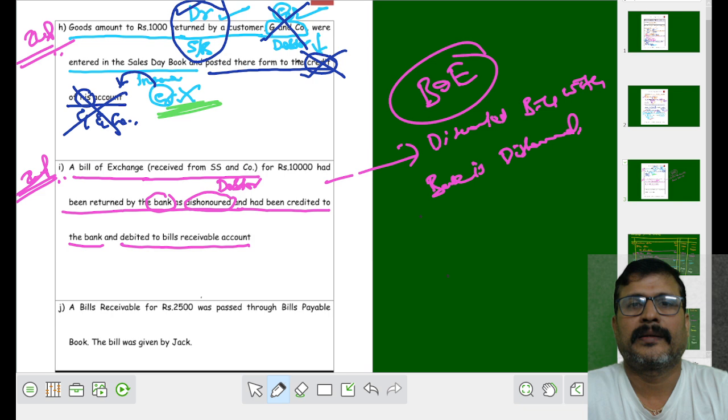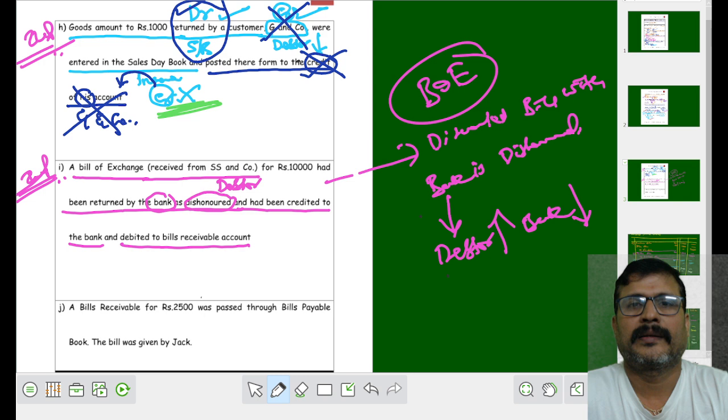Those who know very well about the bills of exchange, it's very easy to understand. When the bill is dishonored by the bank, what happened? The debtor will increase, and the bank balance will decrease.